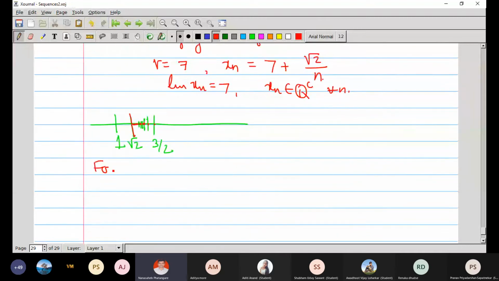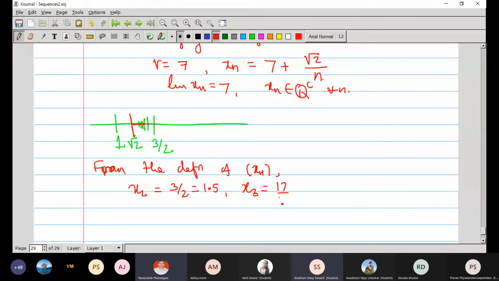From the definition of the sequence xn, what is x2? 3 by 2, which means 1.5. What is x3? 17 by 12.